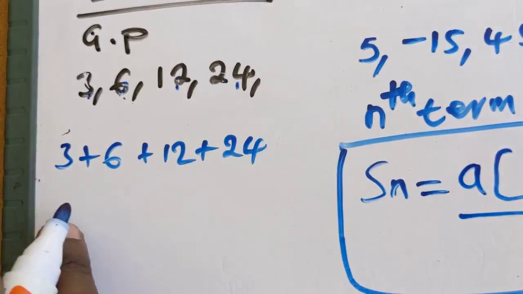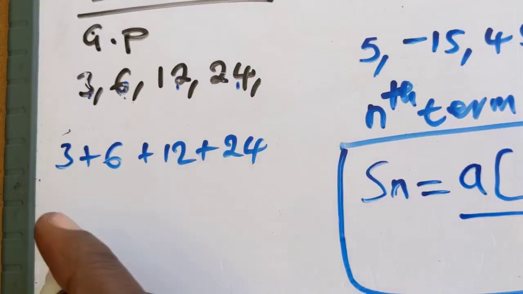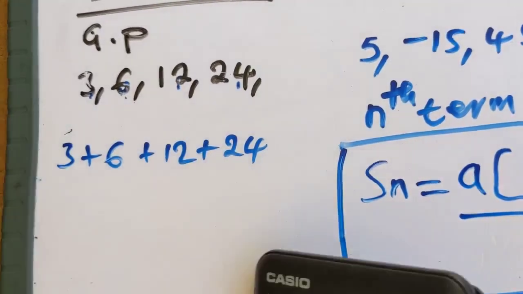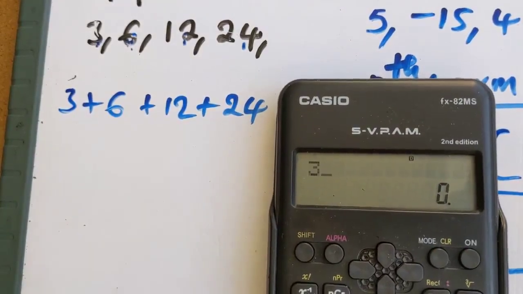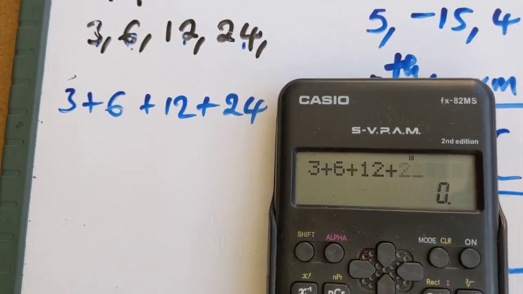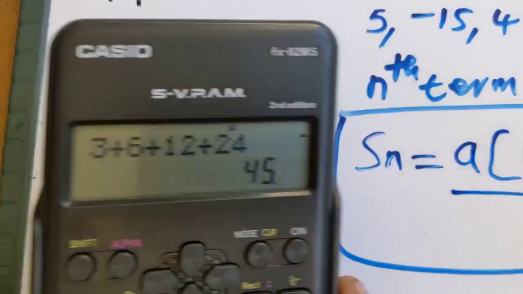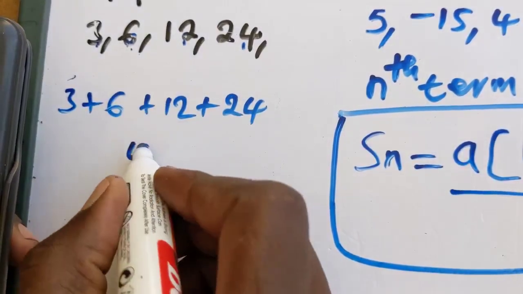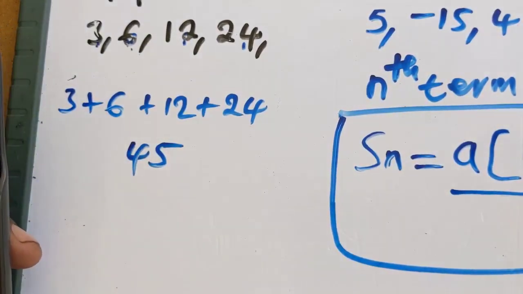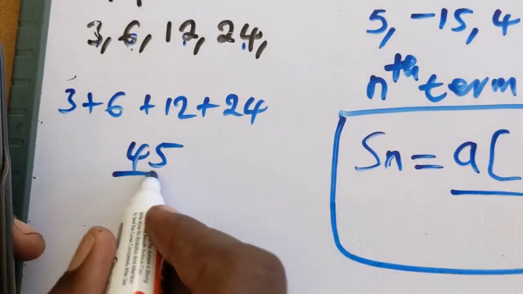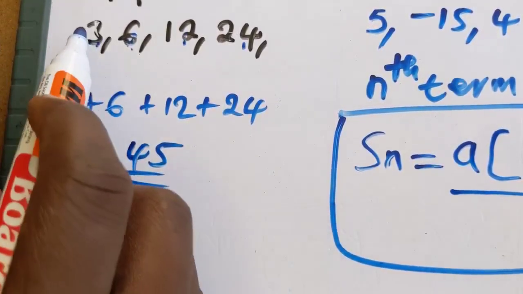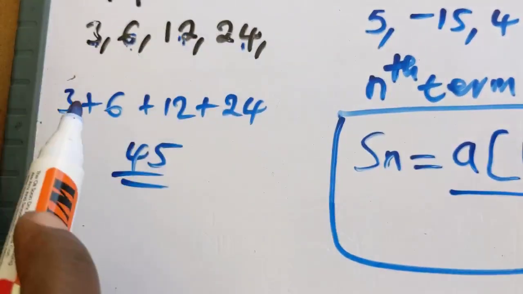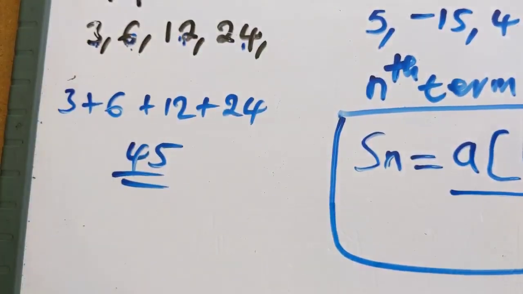You find that it is 45. That is the sum of the first four terms.